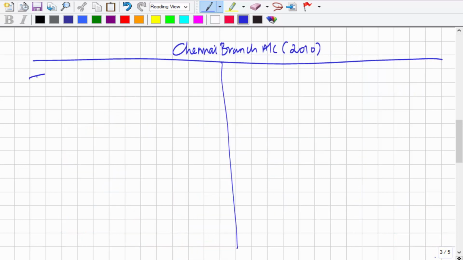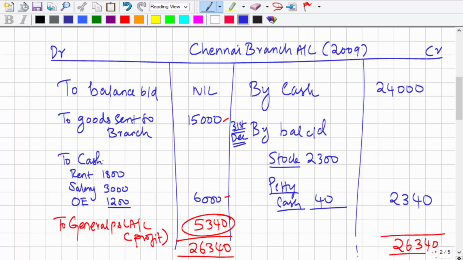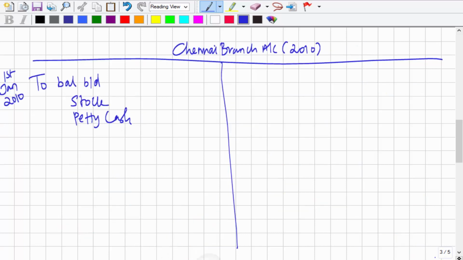So we'll say on 1st Jan 2010, we have two balance brought down. One is with regard to stock, the other one is with regard to petty cash. What is the value of stock? The value of stock is 2300, petty cash is 40.